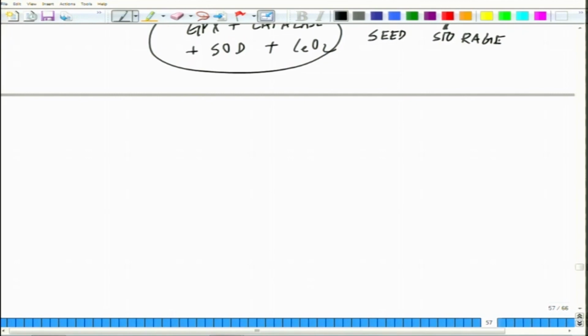Similarly, water soluble carbon nanotubes in chickpea has been shown to increase the growth. Similarly, silver nanoparticle has been treated on fenugreek seed. It increased the leaf number, shoot length, root length and wet weight.